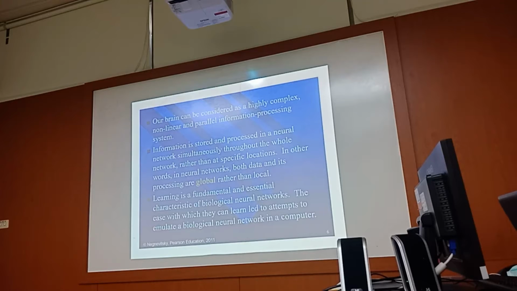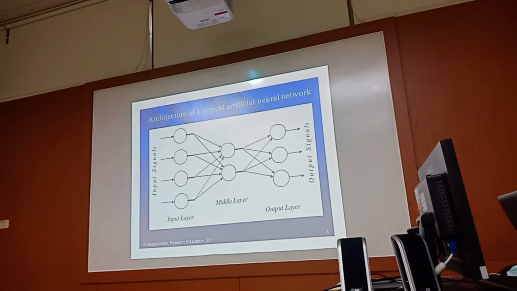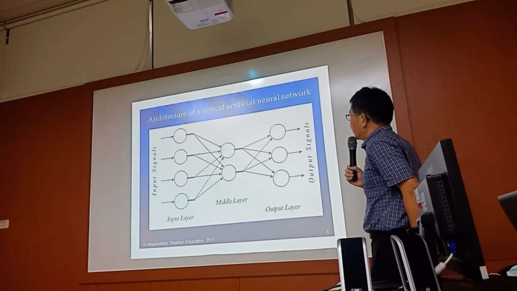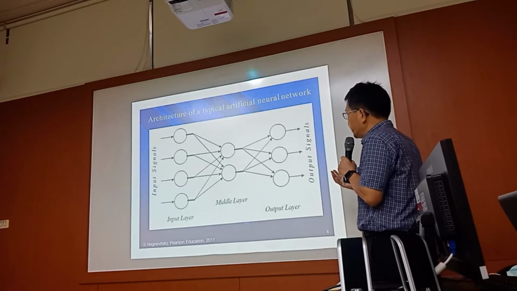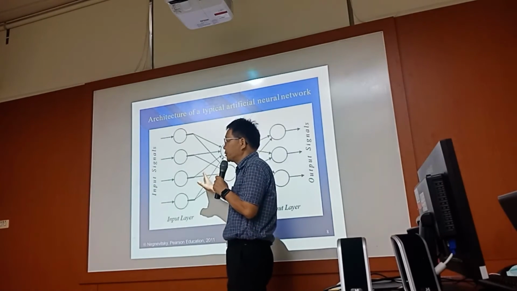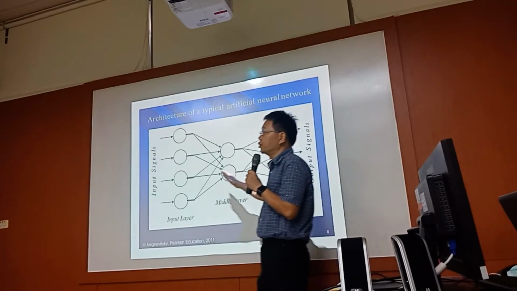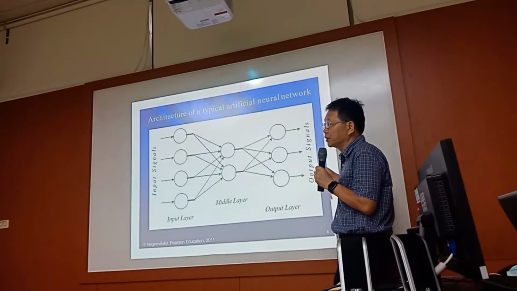Okay. So information is stored and passed in a neural network simultaneously through the whole network. The architecture of the typical artificial neural network is like this. This type we call the perceptron. Perceptron means sensor to sensor. A sensor usually senses input and then outputs.